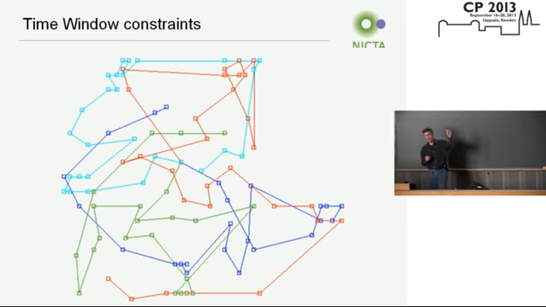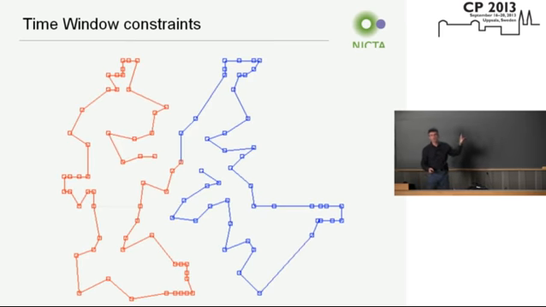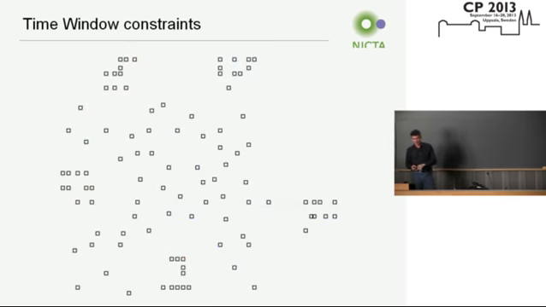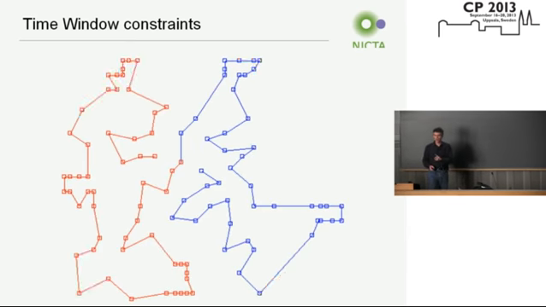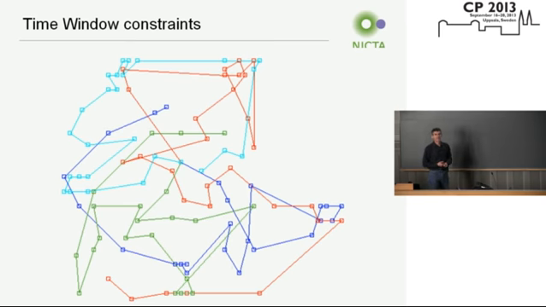So this kind of stuff is why it's really hard, firstly, for humans to solve these types of problems, because if I was to sit down with this set of customers, it would take me a long time to work out that this is the best set of routes to come up with. Also, it actually makes it hard for the solving routines as well, because there's a lot of unobvious stuff that has to be done to come up with this solution.